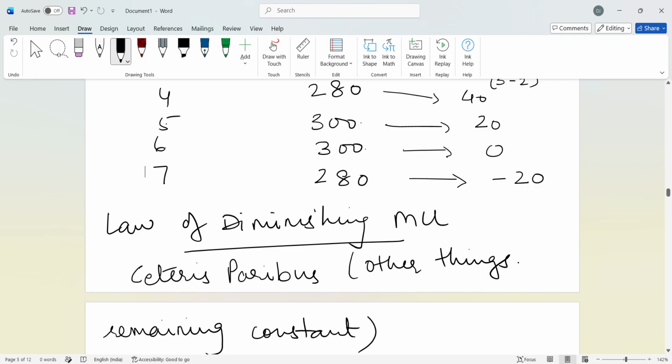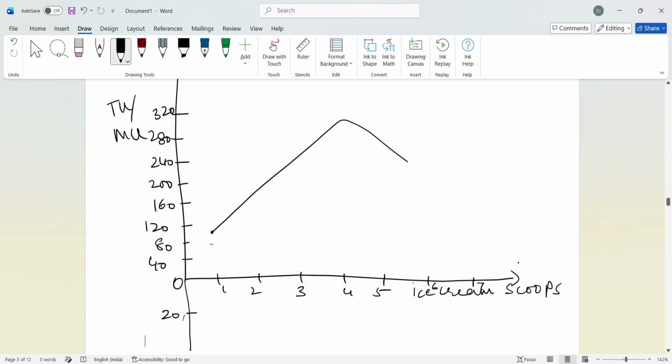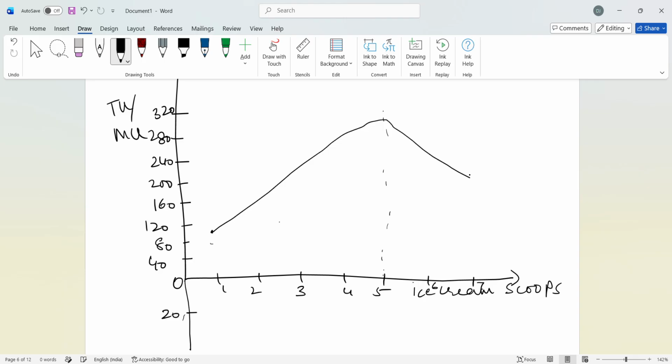At the fifth unit, the graph is actually at the peak. You will see the graph will be something like this. At the fifth, it's at the peak. It's not a very straight line, but bear with me for this. It's at the peak and then it starts declining. That's your TU graph, the total utility graph.